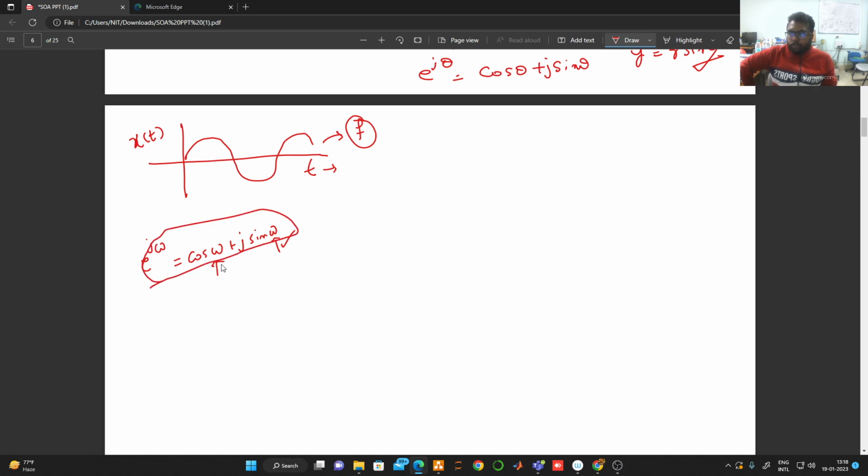So we take different f values, where omega is nothing but 2 pi f, isn't it?